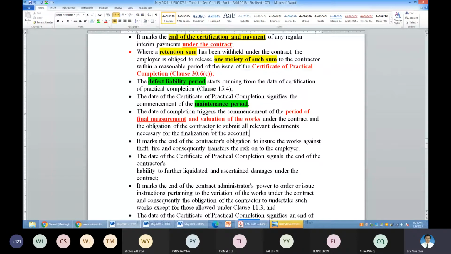All the paperwork in relation to the quantity aspect needs to be tidied up already. How long to tidy up? The period of final measurement. You look at the clause there on the final measurement and final payment and so on. Generally the period of final measurement is 6 months after the CPC.